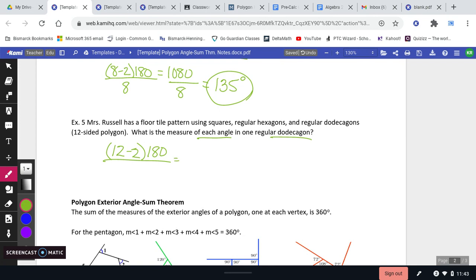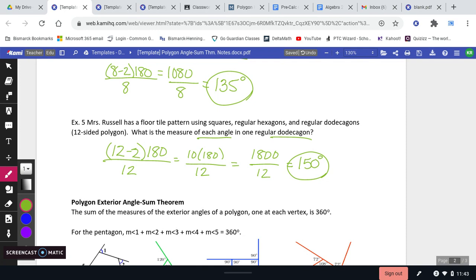So that's going to be 10 times 180, but I just want one angle, so I'm going to divide that by 12. So this is going to be 1800 divided by 12, and each one of those angles is going to be 150 degrees.